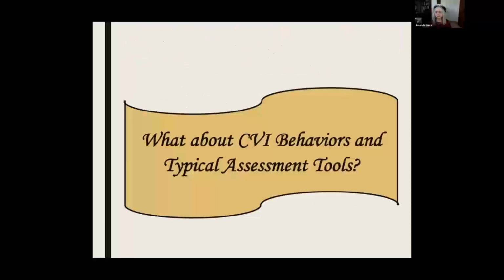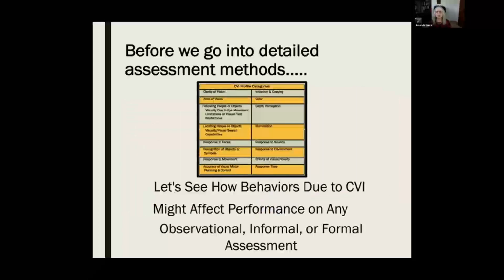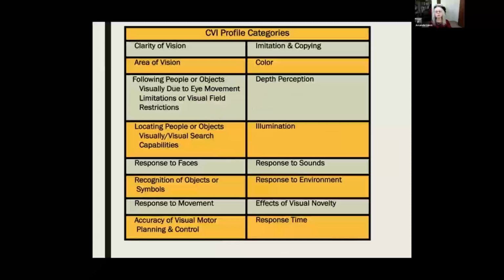So what about CVI behaviors and typical assessment tools? Before we go into detailed assessment methods, let's see how behaviors due to CVI might affect performance on any observational, informal, or formal assessment. We've presented the CVI profile categories before.